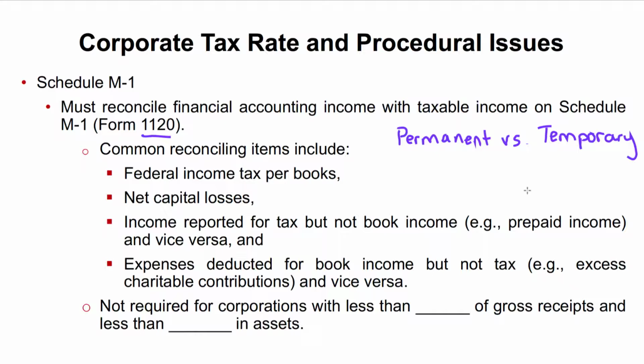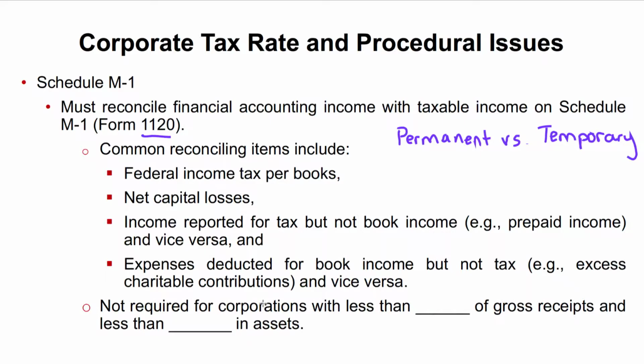So a temporary difference reverses over time. For tax purposes, you might have lower taxable income because you've taken double declining balance depreciation, but for financial accounting purposes, you do straight line and it's recovered ratably over time, with less depreciation early on but more later on. So it will reverse. I talk about all these common reconciling items, and they're all reported.